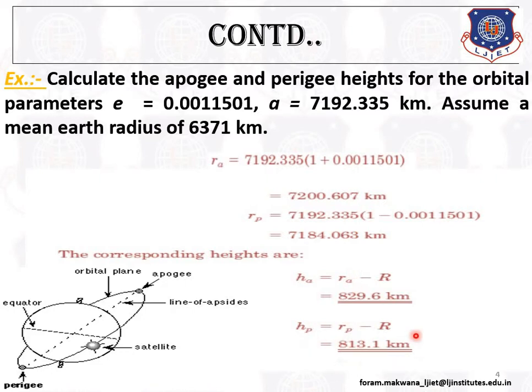So you will get 813.1 kilometer. So this is the height of perigee, 813.1 kilometer, and this is the height of apogee, that is 829.6 kilometer. You can see that the height of perigee is smaller than the height of apogee, because apogee is the farthest point from the surface of the earth.